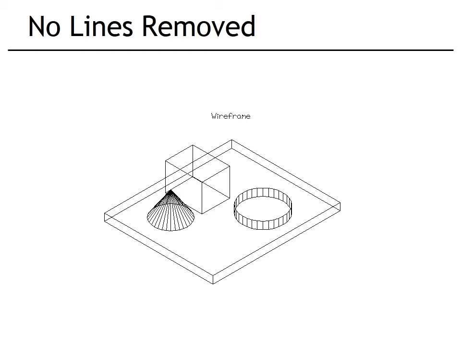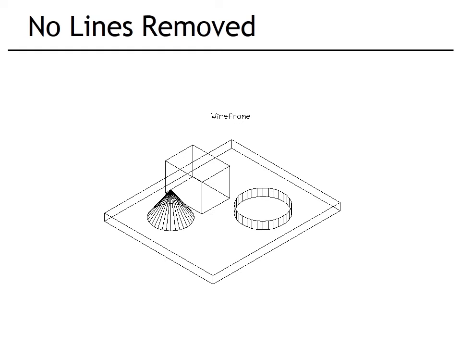As depicted in the figure, no lines are removed. We have a cone with a certain radius on the bottom side. We have a cube with dimensions A, B, C: length, breadth and height. We have a cylinder with a circle on the bottom and upper side.